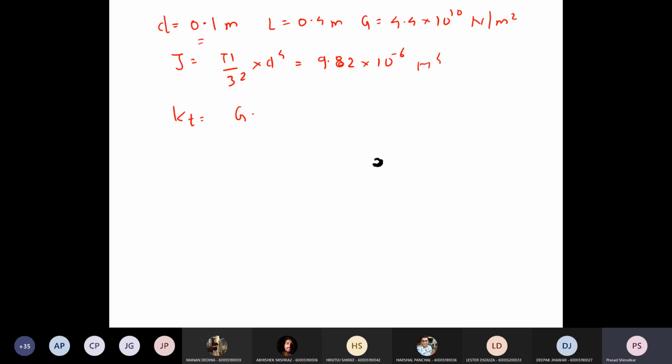K torsional is G into J divided by L. Omega n is the square root of K torsional divided by I. Okay, this MI and this MI are different. J is the area MI, I is the mass MI, and this is given as 600 kg meter square. So find out K T, substitute in the equation and tell me the value of the natural frequency.